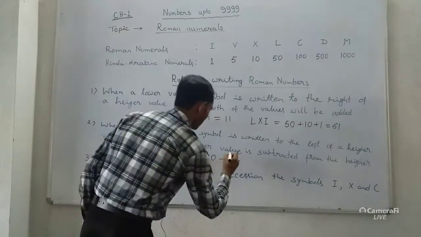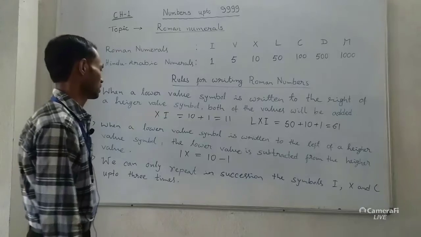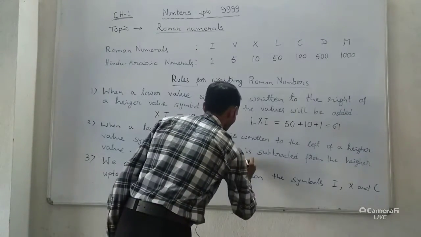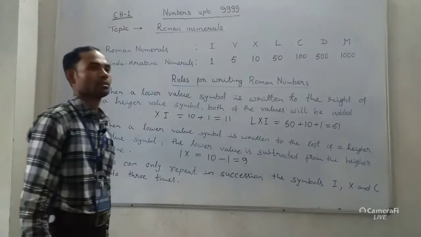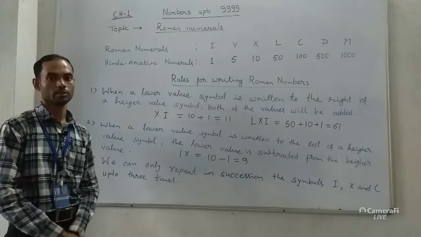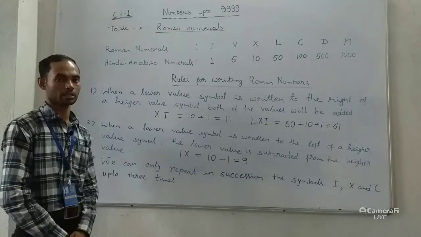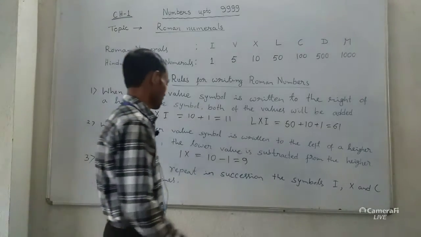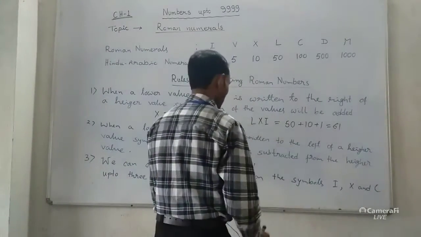So there should be subtraction, and we get 9. But subtraction is allowed only once, that means one time you can subtract.